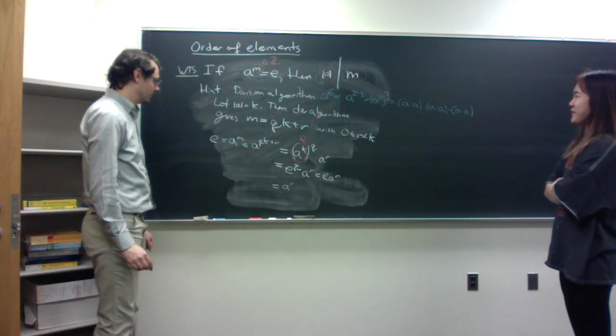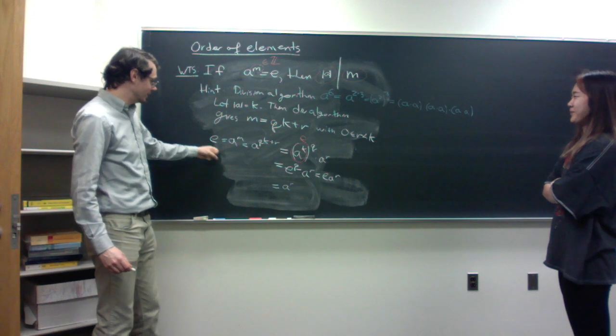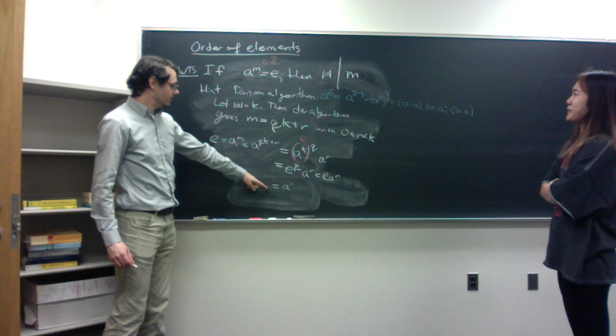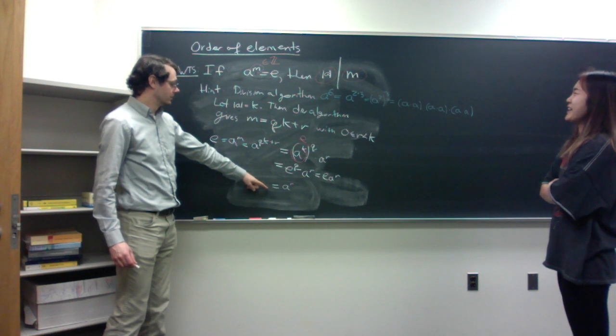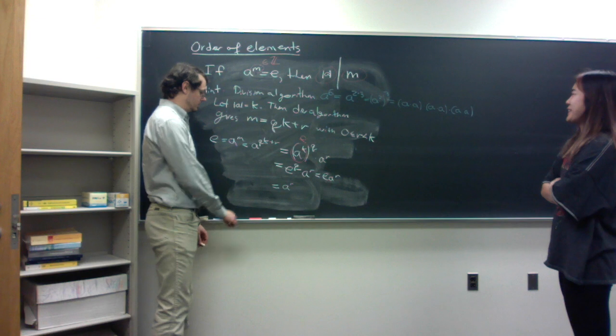And that is e. Yeah, now we just trace back this long chain of equalities. I have e equals a to the r. But we know that k is the smallest positive integer such that a to the power of k is e. But we know that r is smaller than k.